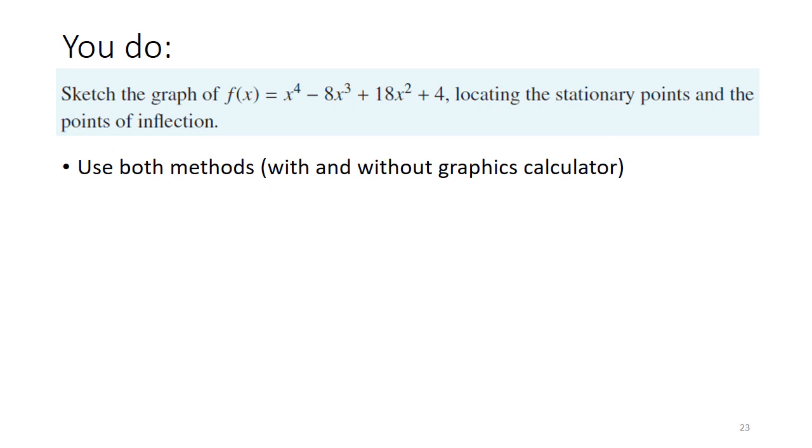Another question for you to do. Use both methods as well. The first time you do it without a calculator, the second time you do it using your calculator. See if you can use your calculator to verify your answers from without using the calculator.